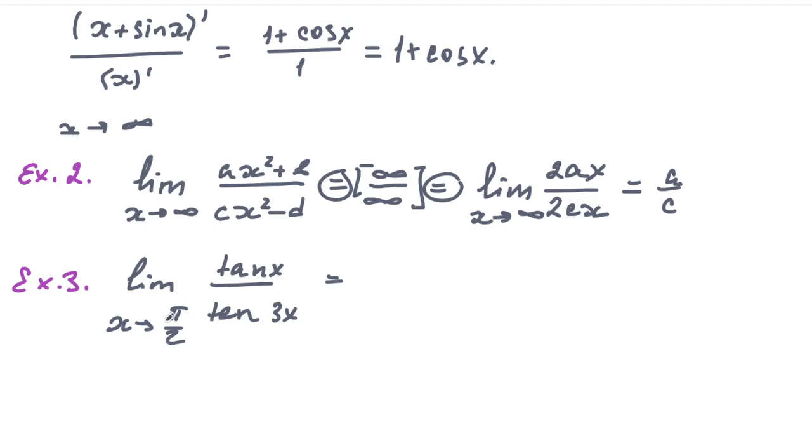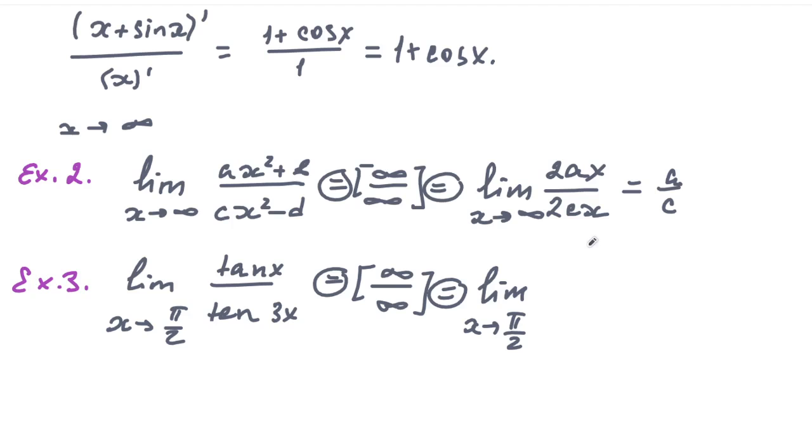Tangent of 3 pi over 2 approaches minus infinity. And we have infinity over infinity, and we can use the rule of L'Hopital. Find the derivatives of numerator and denominator. The derivative of tangent of x is 1 over cosine squared of x. The derivative of tangent of 3x is 3 over cosine squared of 3x.